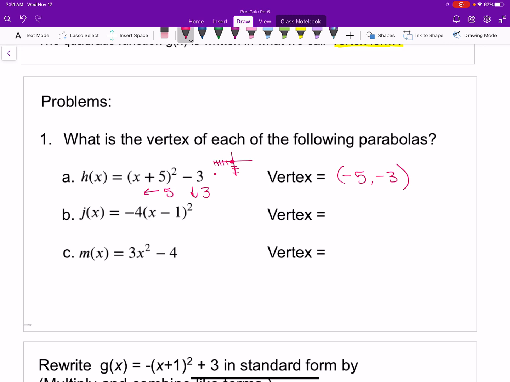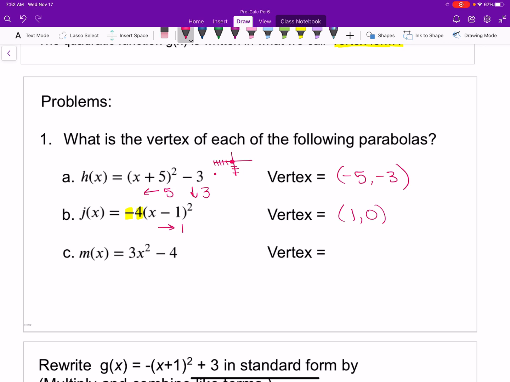For the next one, we are doing a reflection over the x-axis because of the negative, and it is getting narrower because of the 4. The only thing here that actually will affect the vertex, that key anchor point, is the minus 1. It is going to shift us to the right 1, so that vertex would be at (1, 0). Only your left, right, up, and down shifts actually affect your vertex.